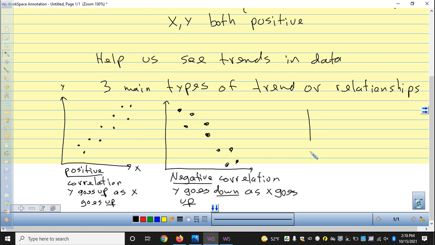And then the third main type is if our data looks something like this. Our data looks like that, we say there is no correlation.